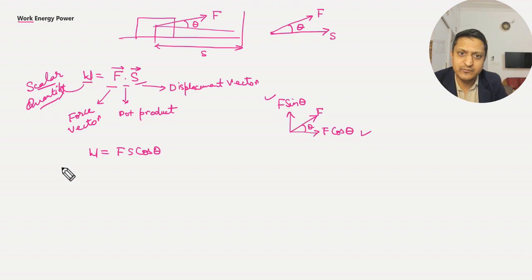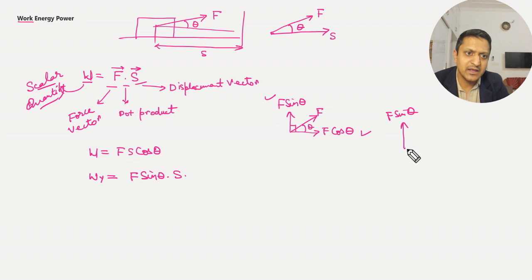So the work in the y-axis will be F sin theta dot S, and the angle between them is 90 degrees, so this is cos 90, and cos 90 is 0, so everything becomes 0.